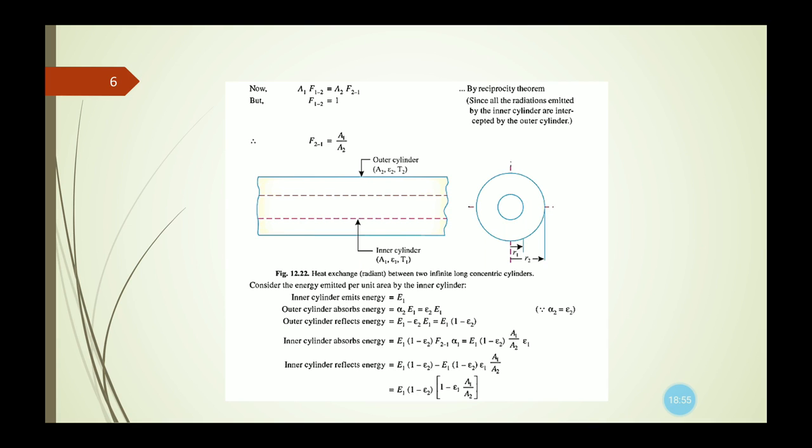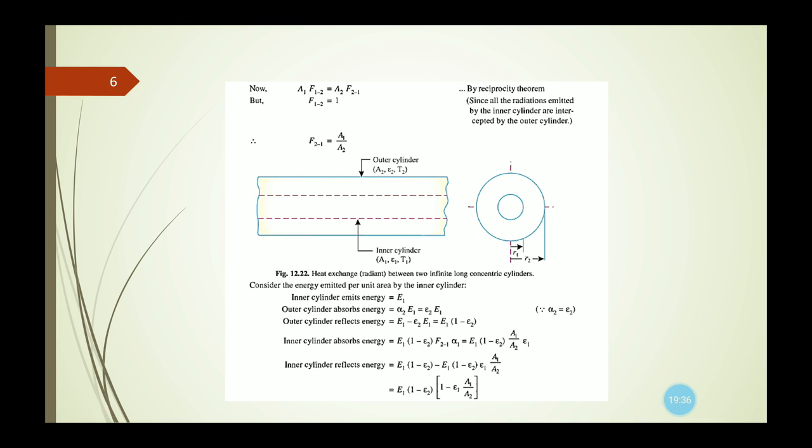So as per Kirchhoff's law, absorptivity equals emissivity, so in that case alpha 2 E1 can be represented as epsilon 2 E1. Now after absorbing some of the irradiation, the remainder which will be reflected by the outer cylinder, or cylinder 2, equals E1 minus epsilon 2 E1. So if you take E1 common, E1 into (1 minus epsilon 2).